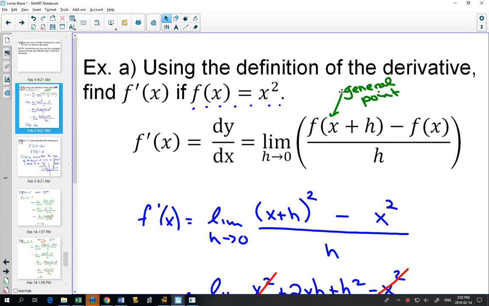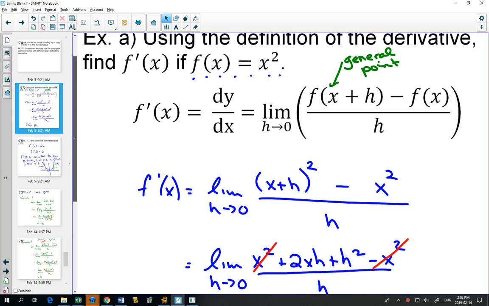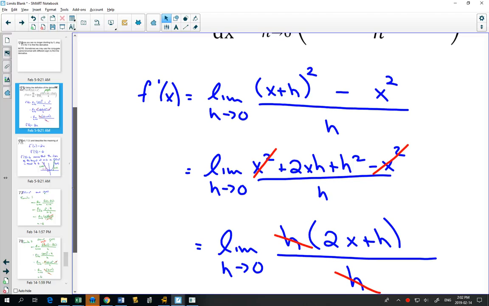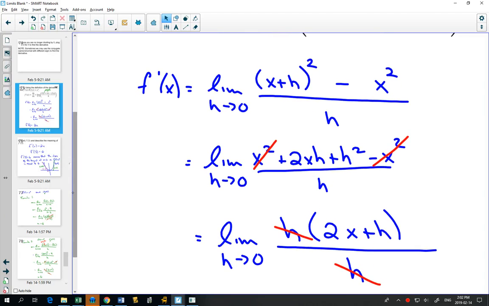And if we plug in a general point and go through the same process, look at how similar the definition is to formula 2. They're identical except one plugs in a value, the other one leaves your variable x. Right? Instead of 9s canceling out, we have x squareds canceling out.